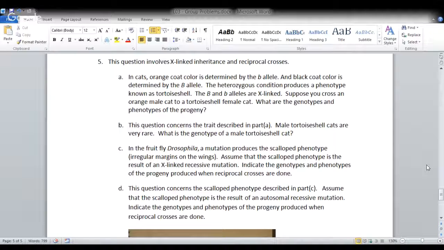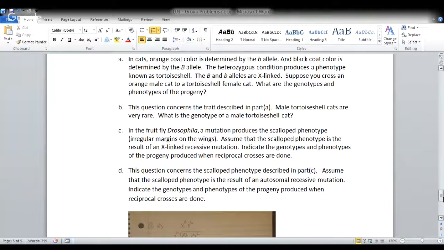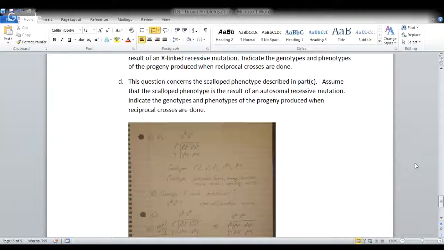For the female, I used an X with a big B and an X with a little b, and that'll get you your tortoiseshell. The male is orange, so he's X little b, and then he's got his Y chromosome. So you do a cross and you get your 4 different genotypes. Our phenotypes are 1 tortoiseshell female, 1 orange female, 1 black male, 1 orange male.